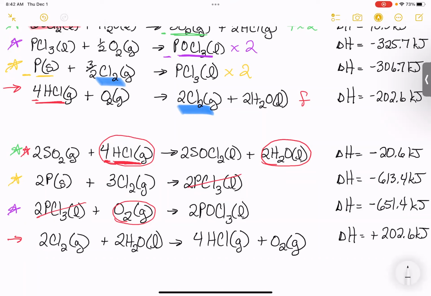Now, if you look at this, the H2O liquid is going to cancel with the H2O liquid in that last equation. The HCl is going to cancel with the HCl in the last equation, and the O2 is going to cancel with the O2 in the last equation.